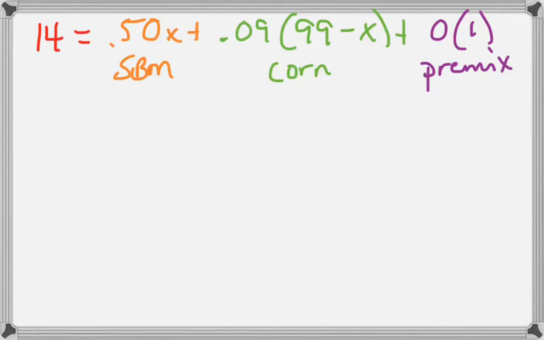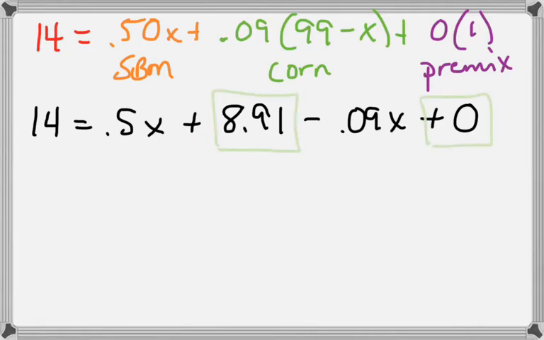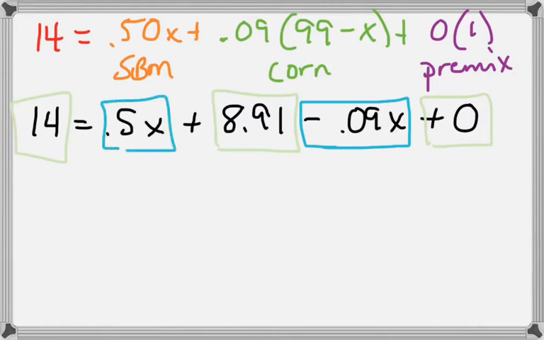So if we were to continue to solve this, don't forget to find your like numbers. So we've got whole number, whole number, whole number, minus x, the other x, all the x's, and consolidate those like terms.